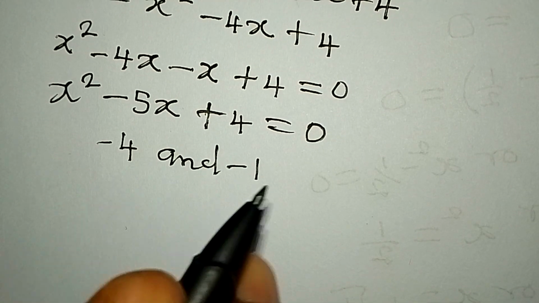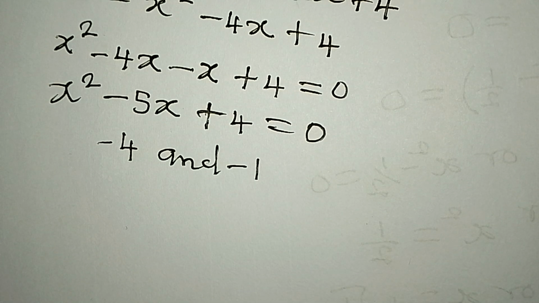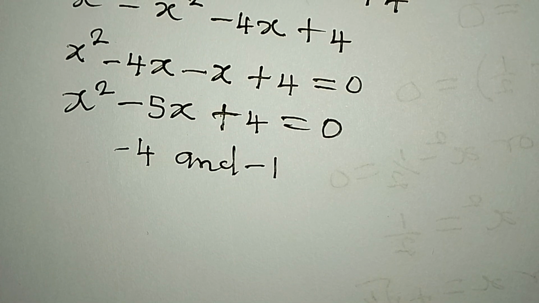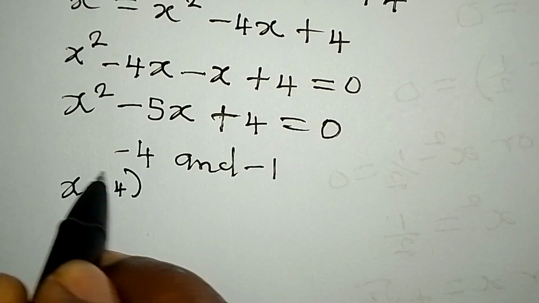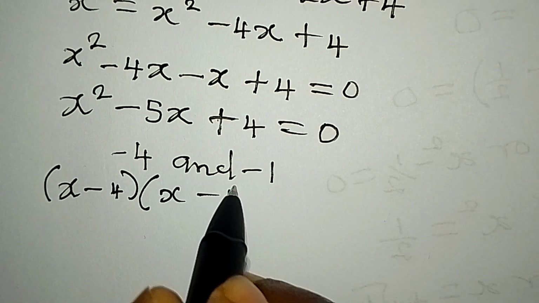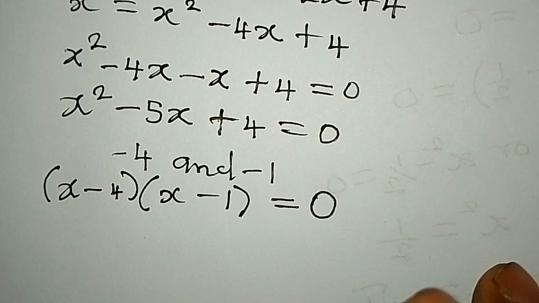So the two numbers to use are minus 4 and minus 1. So we are going to have x minus 4 as the first factor, and then the second factor will be x minus 1. This is now equal to 0.